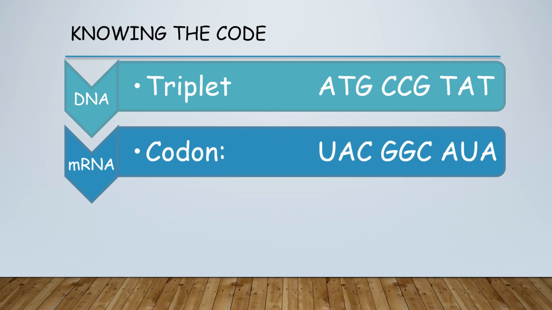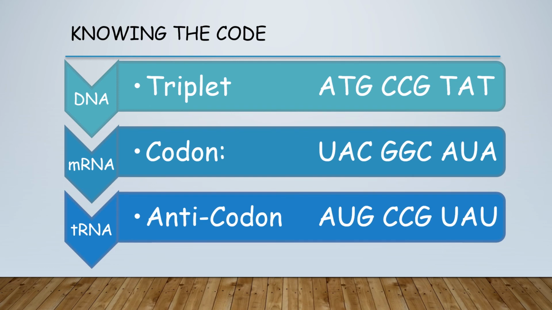The next step is for my tRNA molecules to bring over the specific amino acids to be joined together. On tRNA, I've got an anti-codon. An anti-codon is 3 bases which is complementary to the codon. So the 3 anti-codons would be AUG, CCG, UAU, complementary to my 3 codons on my mRNA molecule.